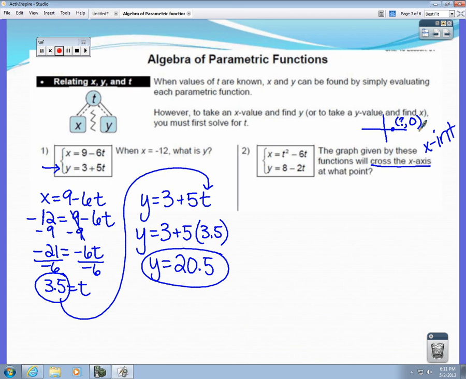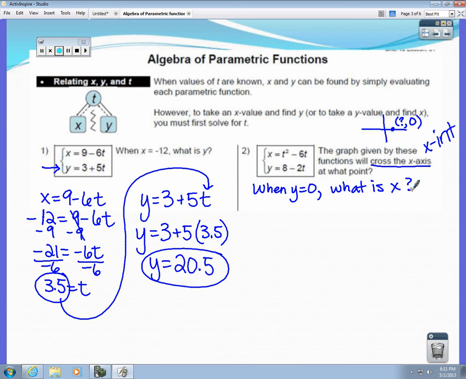So what this really is saying is when y equals 0, what is x? It's the same concept as the first problem, they just worded it differently. So you have to know that x-intercept means that y equals 0.